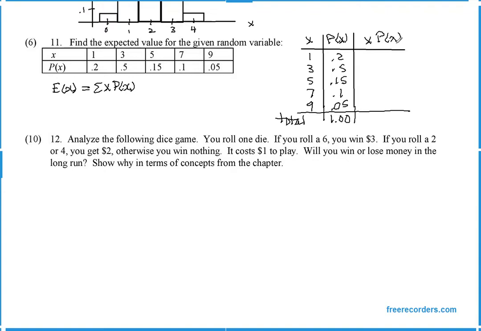And now the x times p of x column, we just multiply straight across. So 1 times 0.2 is 0.2, 3 times 0.5 is 1.5, 5 times 0.15 is 0.75, 7 times 0.1 is 0.7, and then 9 times 0.05 is 0.45.